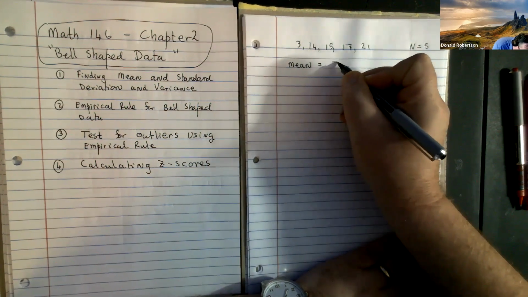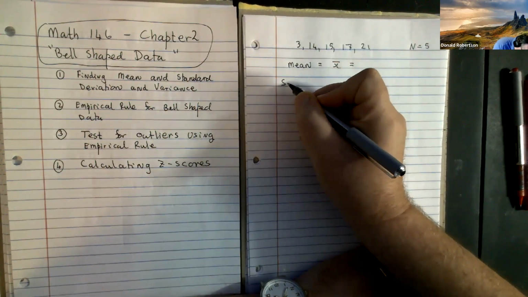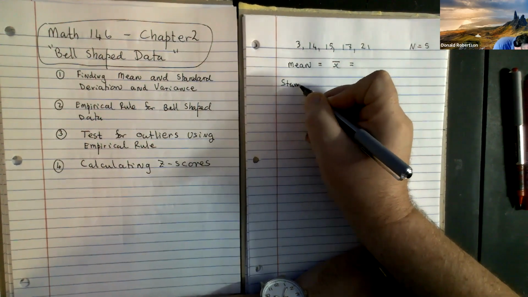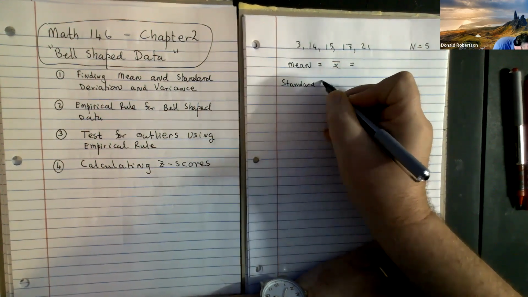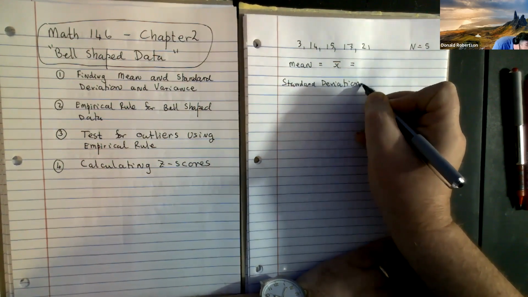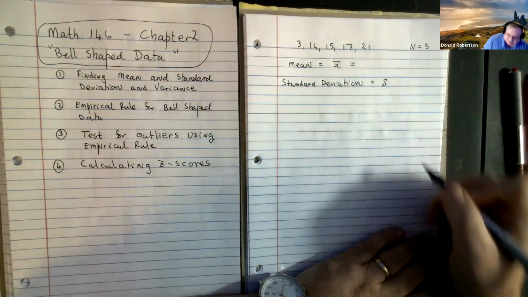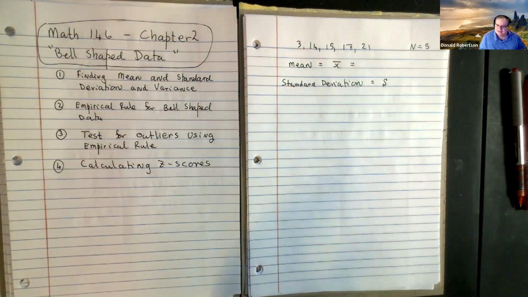One is called the mean, which is very often written like that, and the new guy. And the new guy is called standard deviation. And the standard deviation is typically written as S. S for standard, right? Standard deviation.